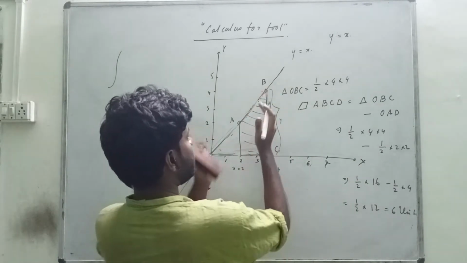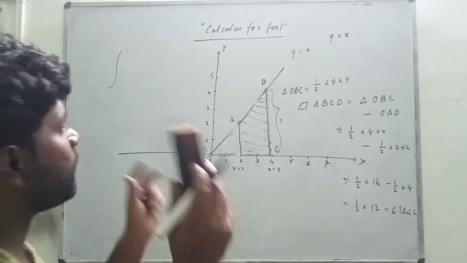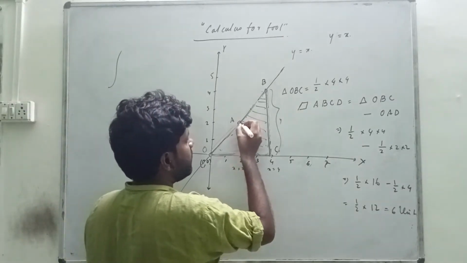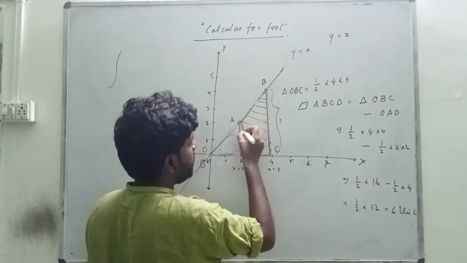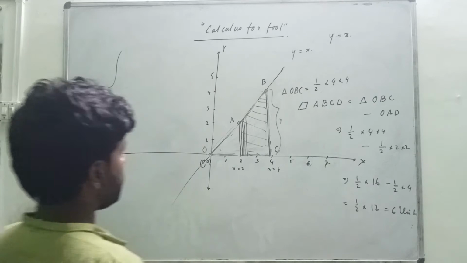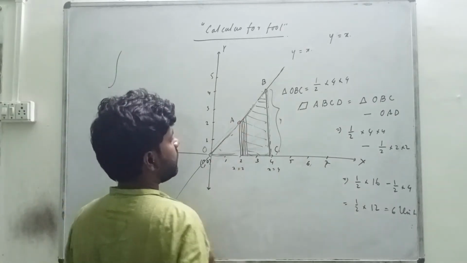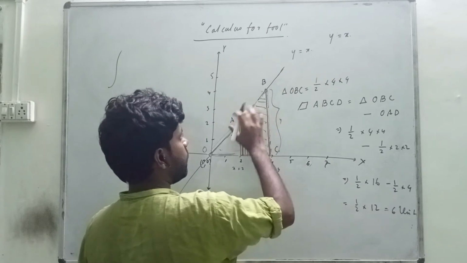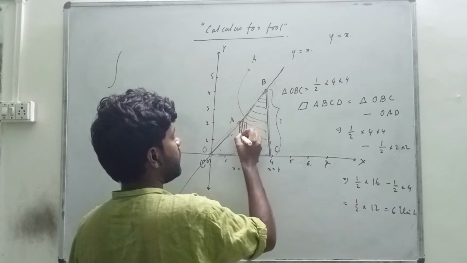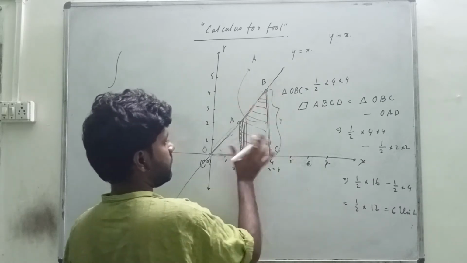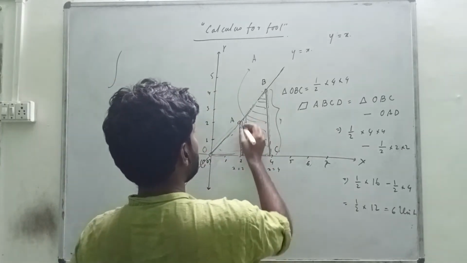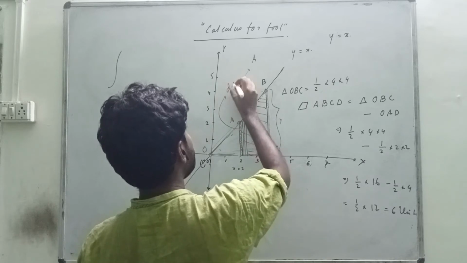So you can cut this area into very small pieces, right? Very small pieces. So if the whole area you call A, then if you cut these very small pieces, one of these areas we call dA, right?